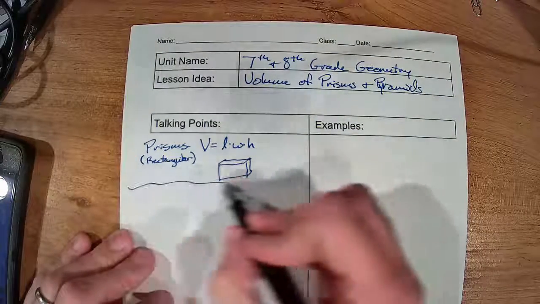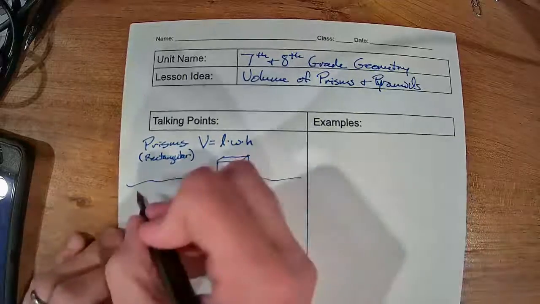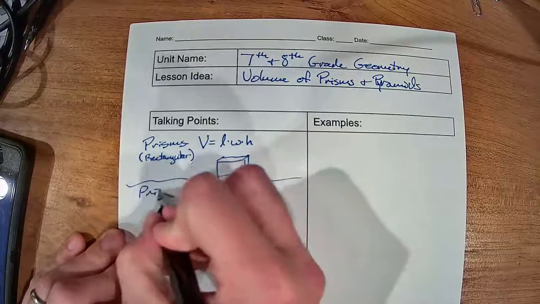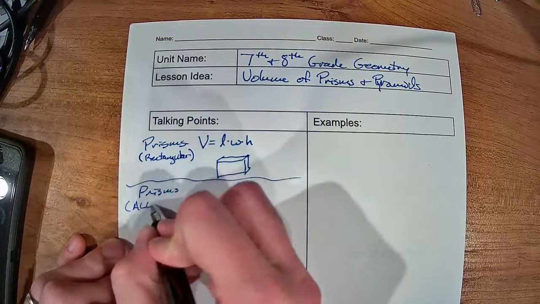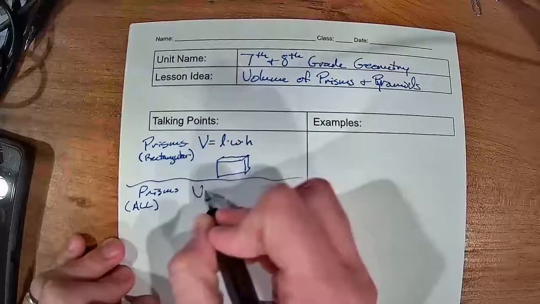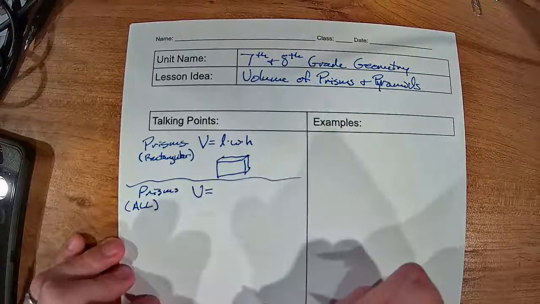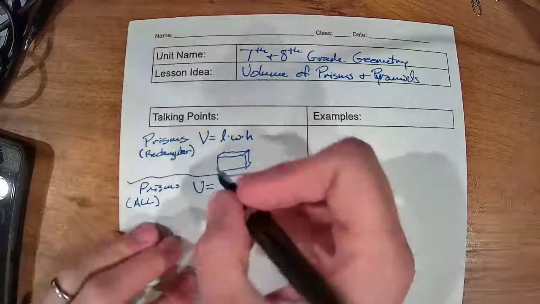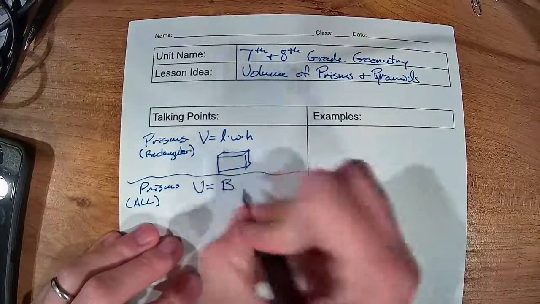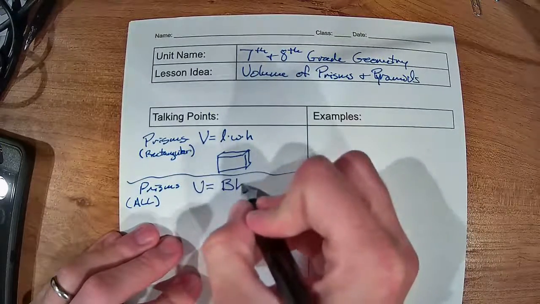However, we're going to be dealing with all kinds of prisms. So we're going to say prisms, and then this will be for all prisms. All right? So the volume formula for any prism, whether it's triangular, rectangular, whatever, is base, capital B, area of the base, times height.